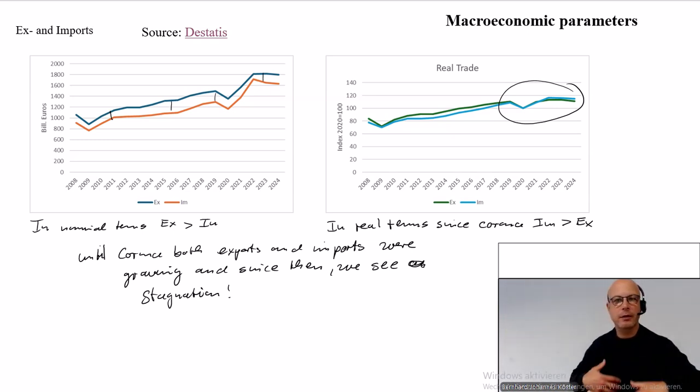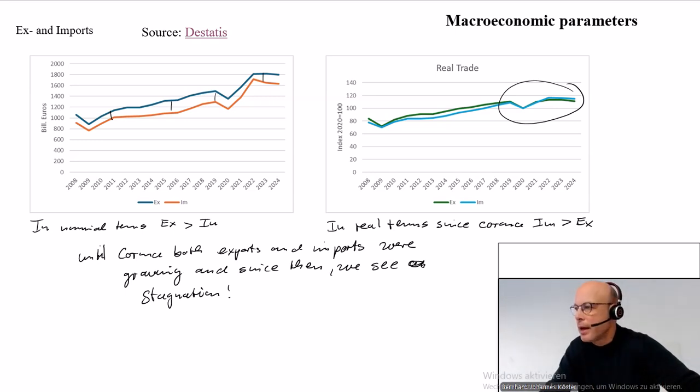And if you go then a little bit deeper, then yeah, you will find the reasons because in general the framework of global economy has changed since then, and especially since 2024, since the election of Mr. Trump in the United States.